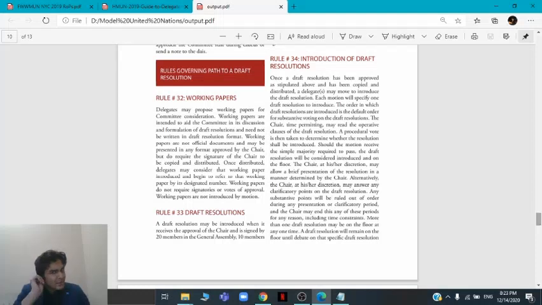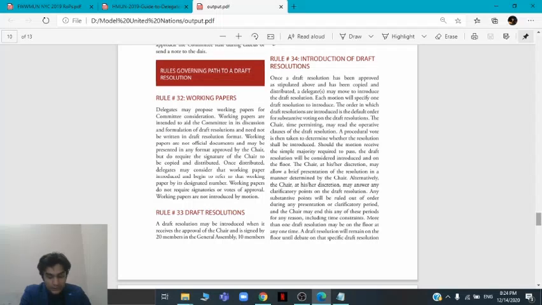There is often a misconception, by the way, in our MUN circuit in Pakistan, that being a signatory means that you are supporting a draft resolution, like you are a member of the bloc which has introduced it. However, this misconception is incorrect, because being a signatory to a draft resolution means that you desire to discuss the draft resolution, to discuss its operatives, and what areas of concern it includes.